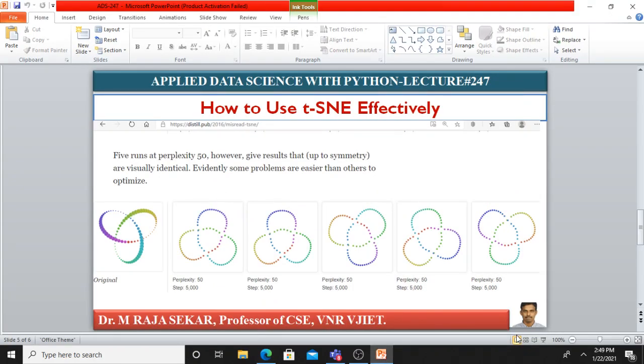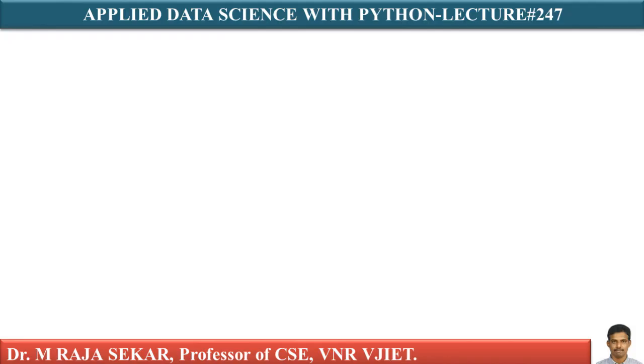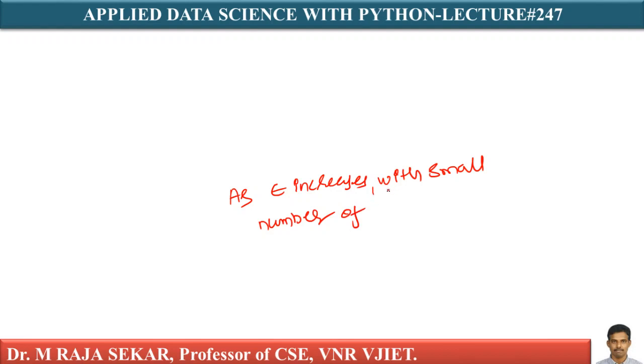Just go to that distill.pub and play around with it. There is another parameter, epsilon. As epsilon increases, with a small number of iterations, you will get the solution.